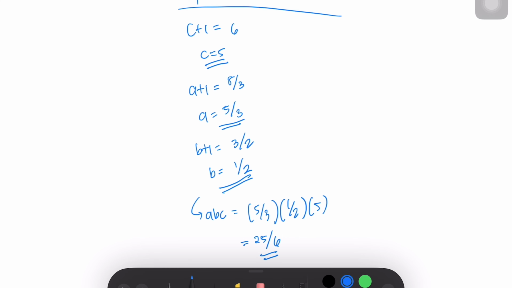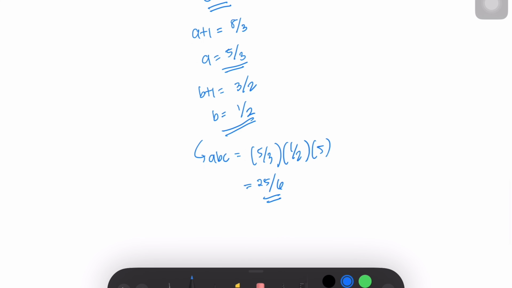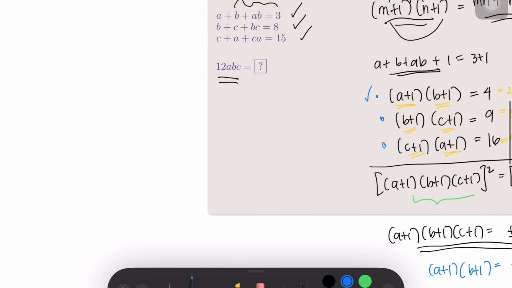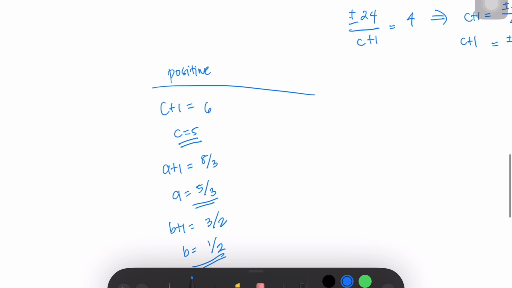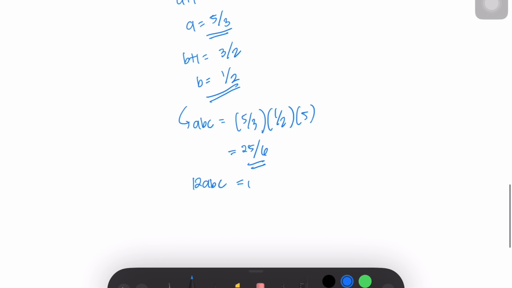So that's one possible value of abc. If we're looking for 12abc, which is what we're looking for here, that should give us 12 times 25 over 6, cancel out the common factor 6, that should give us 50. Therefore, one of the answers here is 50.